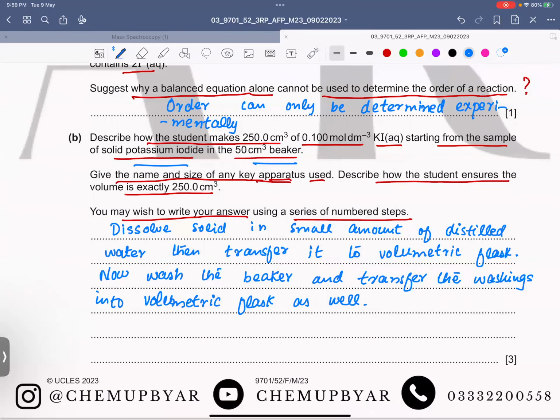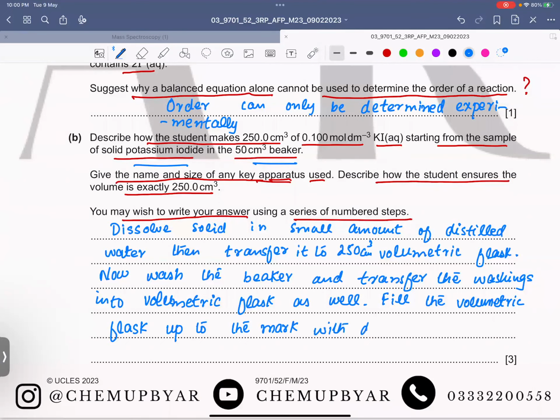I just forgot one thing: you have to write the volume capacity as well, so mention over here a 250 centimeter cube volumetric flask. Now fill the volumetric flask up to the mark with distilled water.